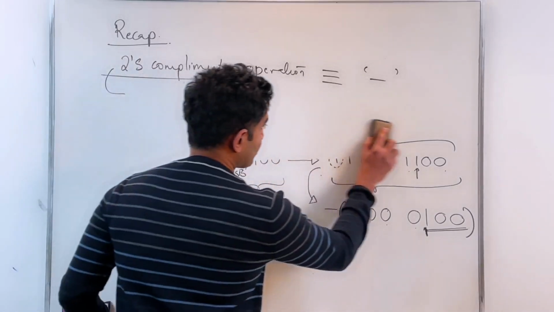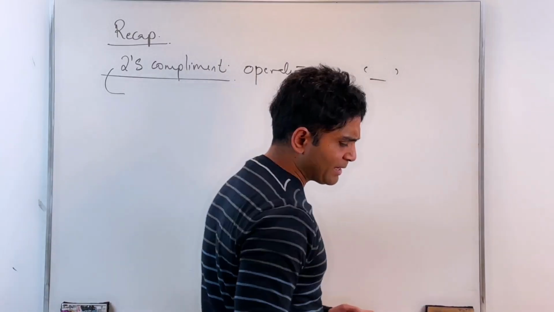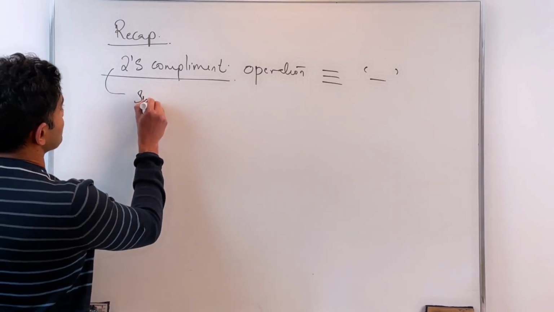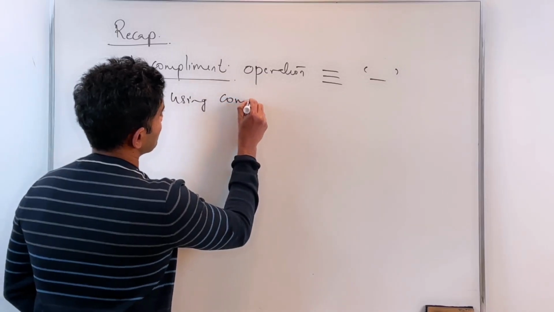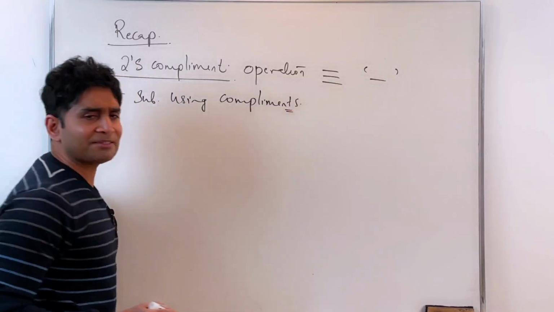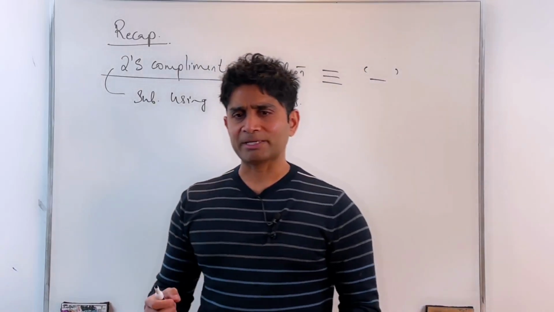All right. So now let's move forward and quickly spend a little bit of time on subtractions using the complements. Now that you know what the two's complement actually does, the idea is pretty intuitive.